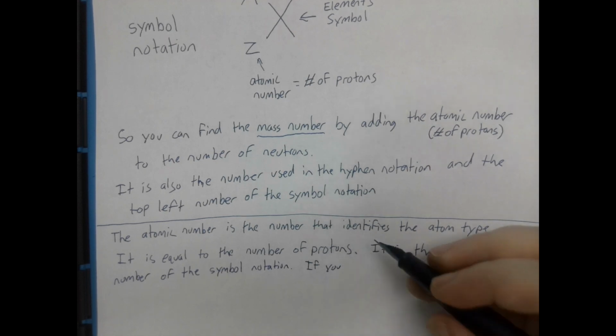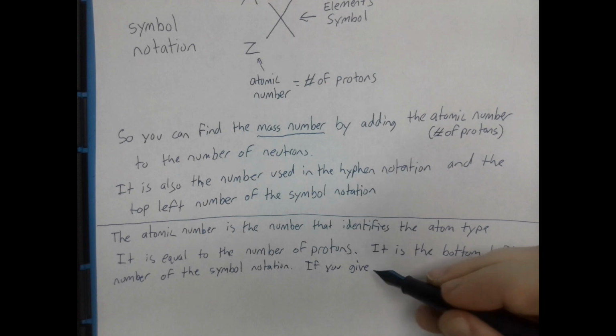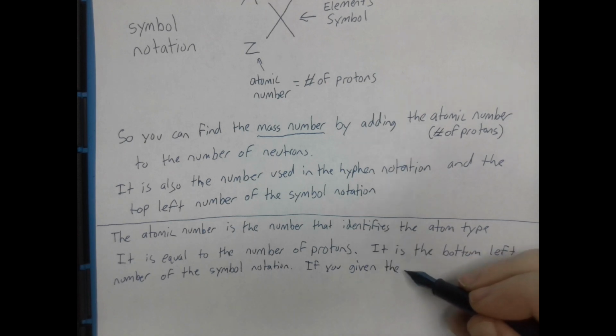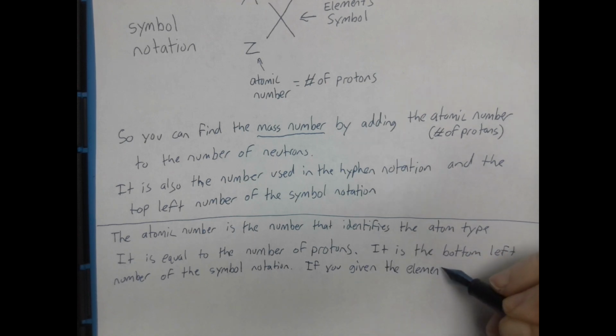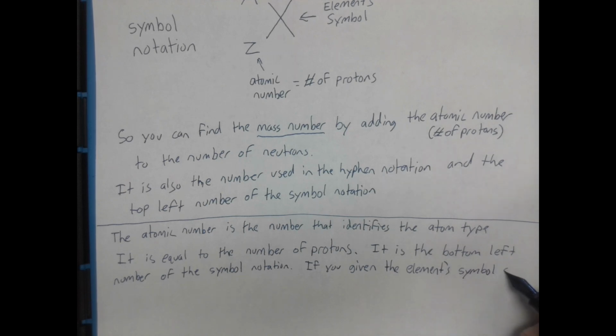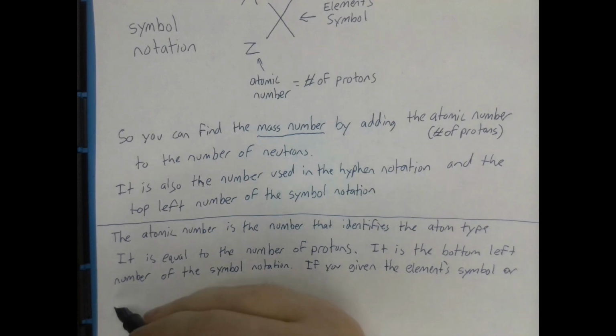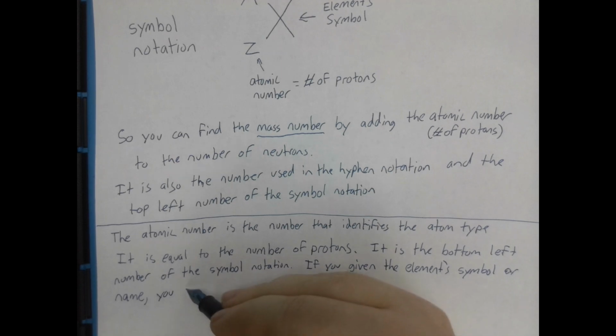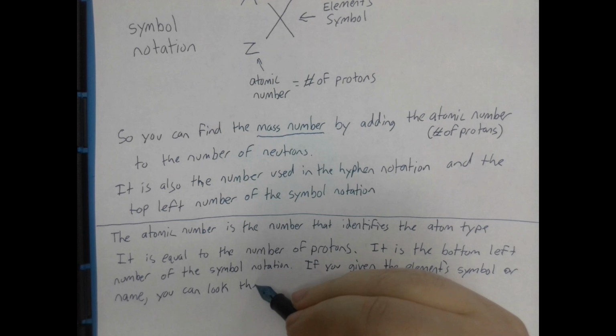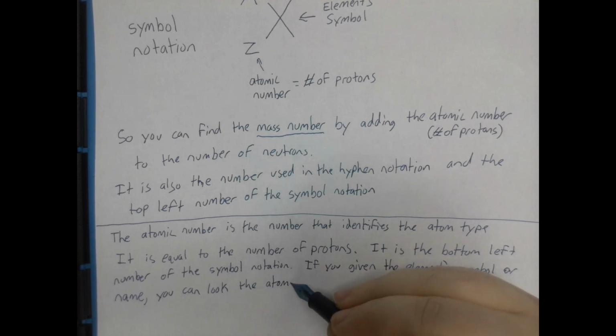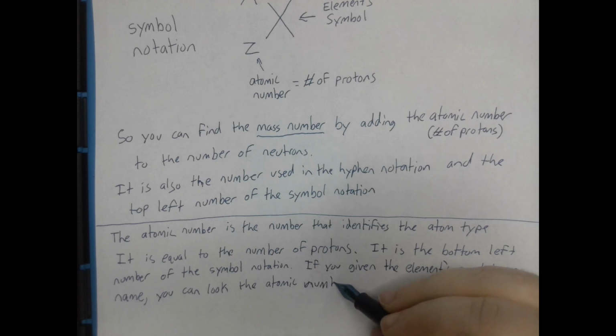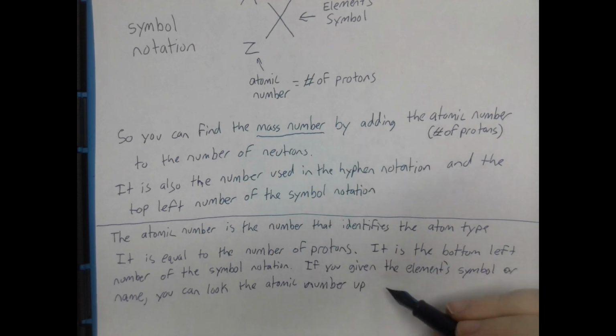If you are given the element symbol or name, you can look the atomic number up on the periodic table.